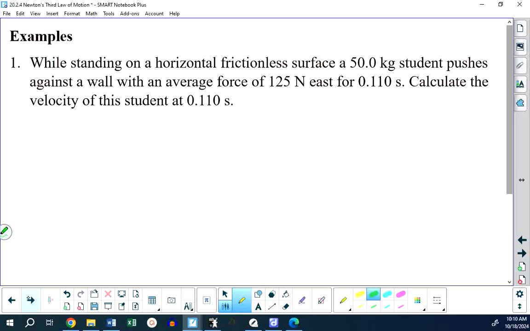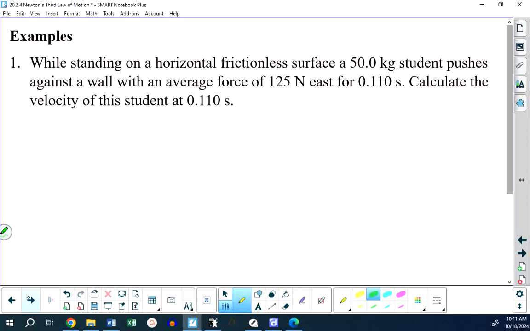Okay, so I'm standing here on a frictionless surface, and I'm going to do this in slow motion. So I'm here, and I apply a force, and it's frictionless, so I'm going to move backwards, right? And I'm going to go from not moving to moving. And then I let go.